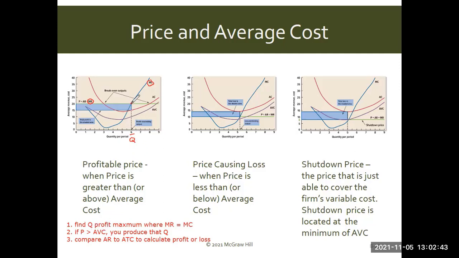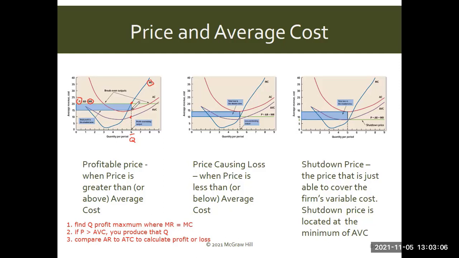So here the price is way up here. Remember, that's also price. And it's greater than my average variable cost, which is way down here at this quantity. So you go ahead and produce. You don't shut down. And then you compare average revenue to average total cost to calculate the profit or loss. That's point number 3 down here at the bottom.